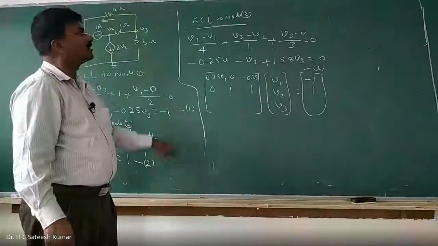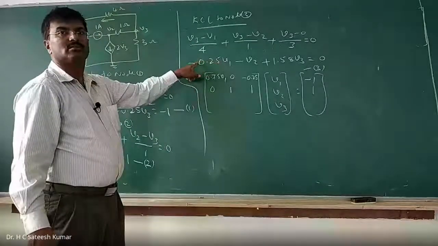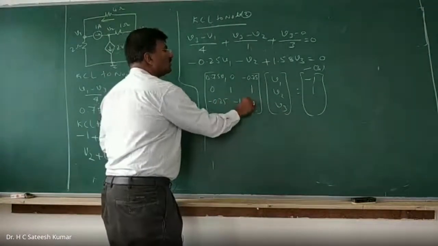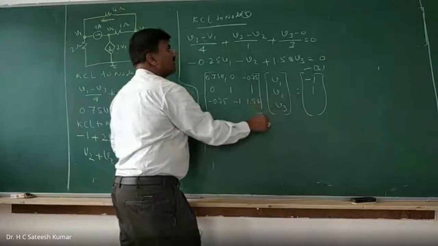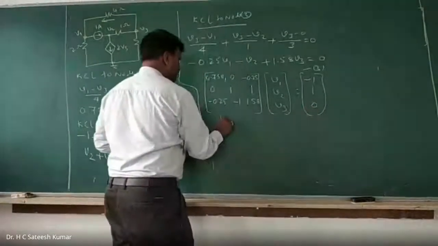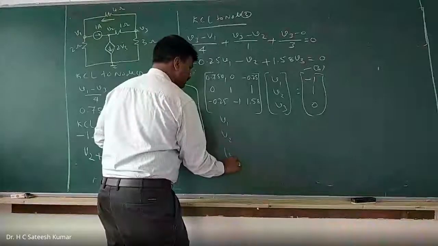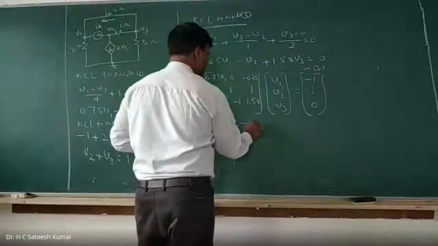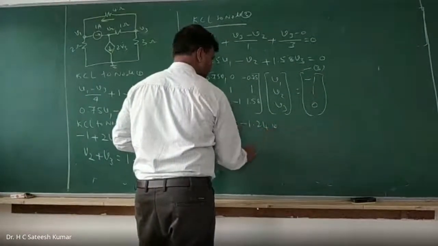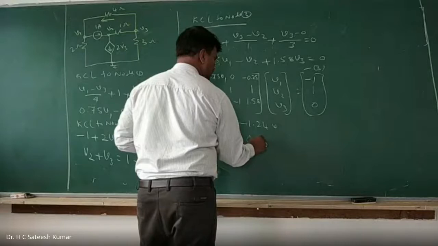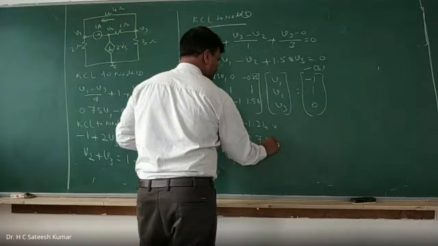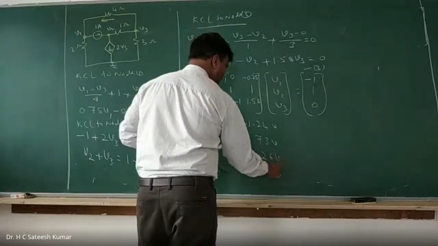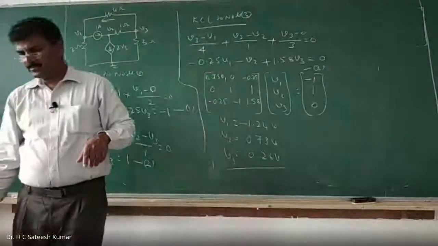Third equation: minus 0.25, minus 1, 1.58, 0. Solve for V1, V2, V3. Minus 1.24 volts, 0, V3 0.26 volts. Okay, right. Check it.